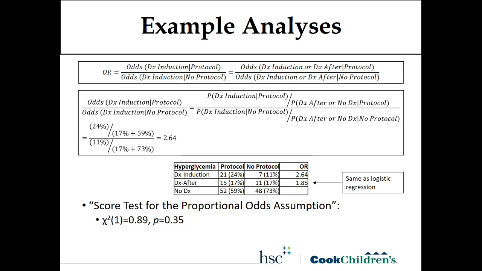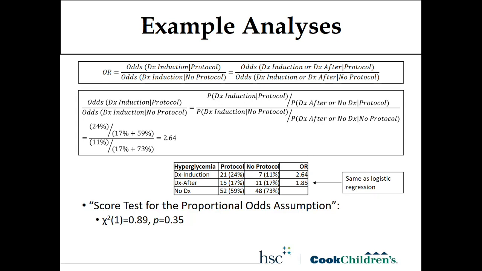I've never used this method in SPSS, but it comes out to chi-square with 1 degree of freedom equals 0.89, p-value of 0.35. If it's not statistically significant, then the proportional odds assumption is not being violated per that test.